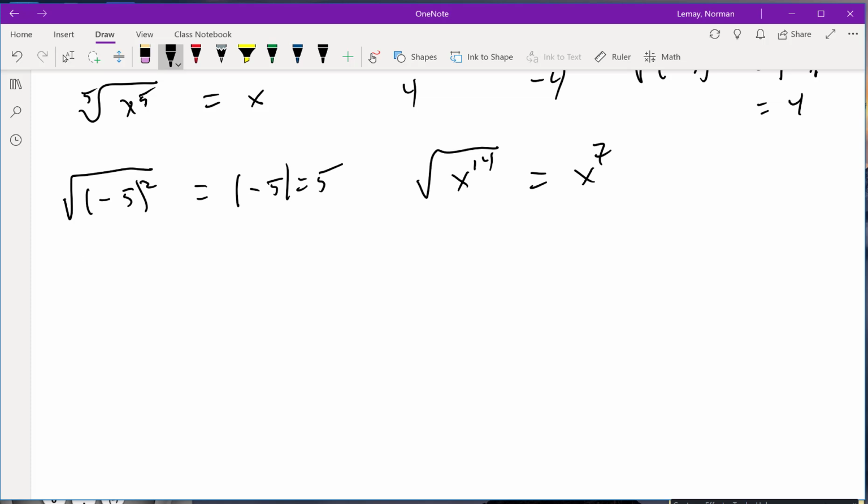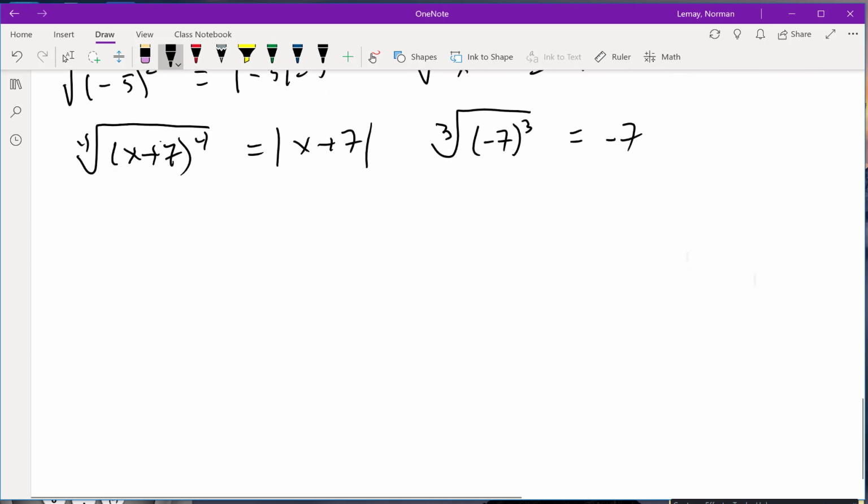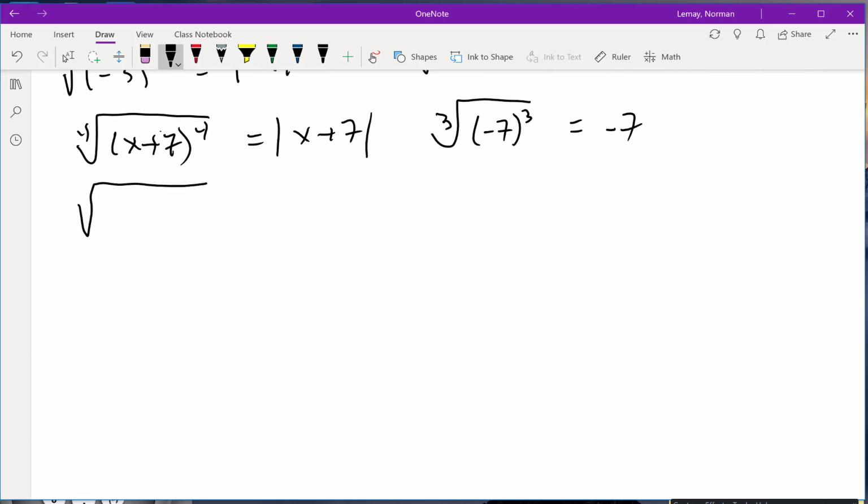The fourth root of (x plus 7) to the 4th power is the absolute value of x plus 7. The cube root of negative 7 cubed is negative 7. And the square root of (3x minus 5) squared is the absolute value of 3x minus 5.